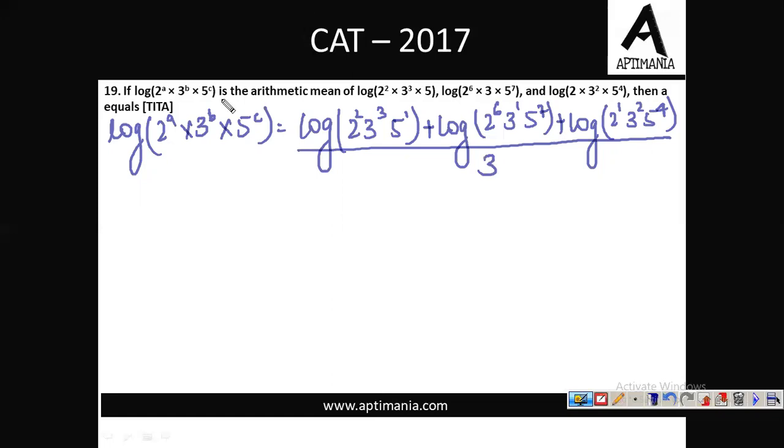In order to find the arithmetic mean, what we need to do is add the three values and divide it by 3, right?